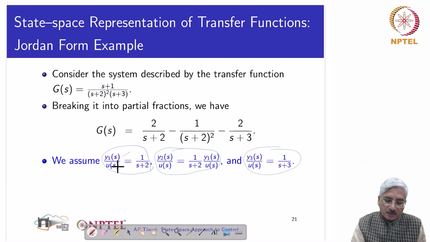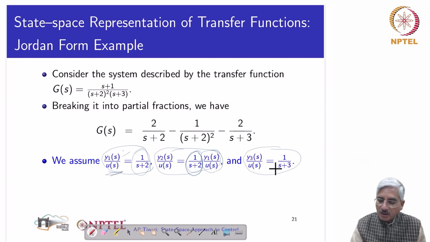So y1 by u, the Laplace transform, is 1 by s plus 2. y2 by u will be 1 by s plus 2 into this itself. Because it was 1 by s plus 2 square, one of that we have kept as it is, 1 by s plus 2, and the other one we have substituted by this. And of course the third one is separate, distinct, 1 by s plus 3.